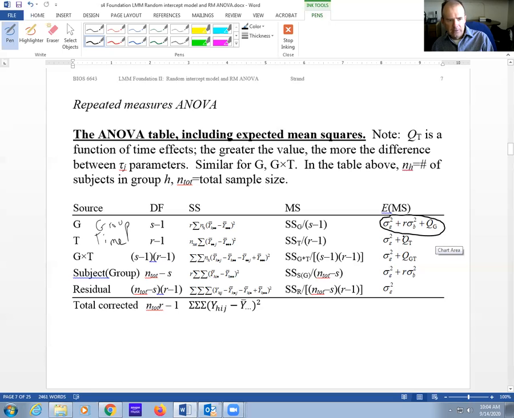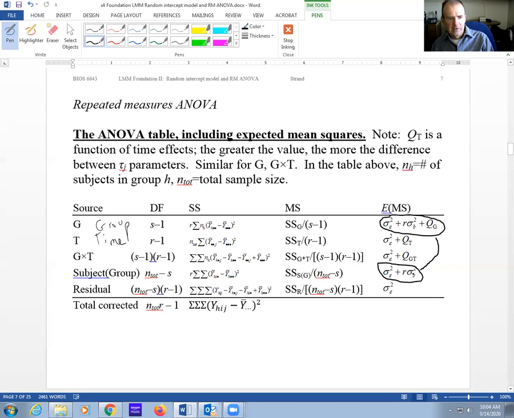So we have to go down the list and see what is the quantity that has that same expected mean square, and it's this one, right? The difference between these two is just that q sub g. And so under the null, if that's 0, then these two quantities are going to be the same.